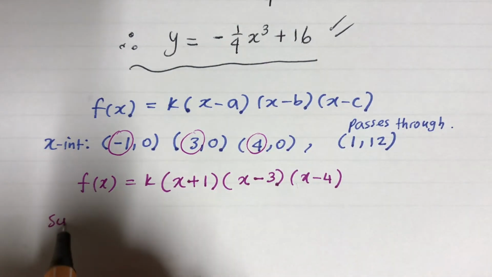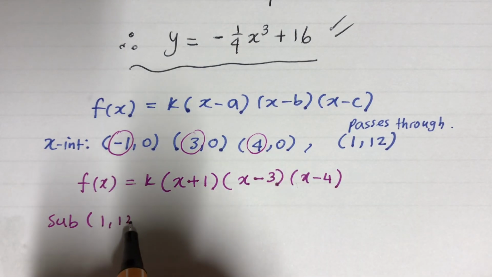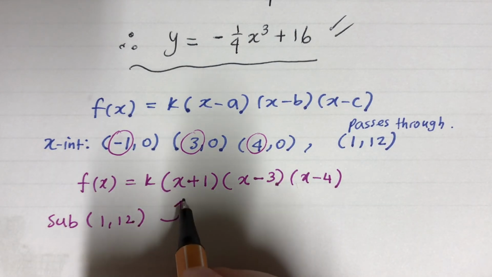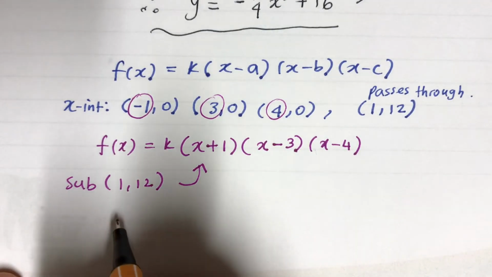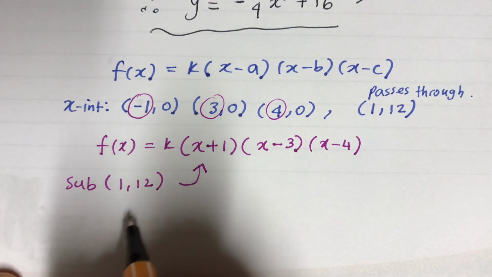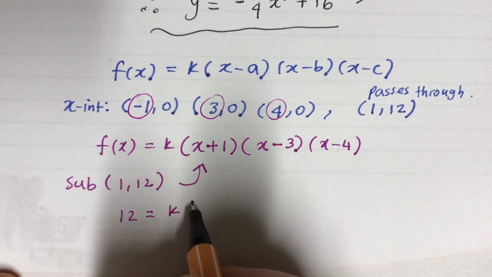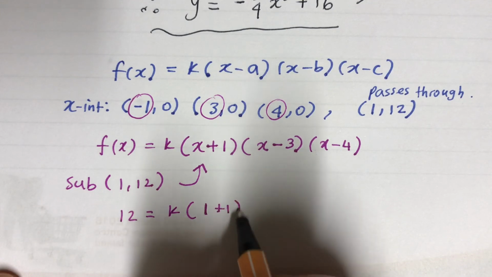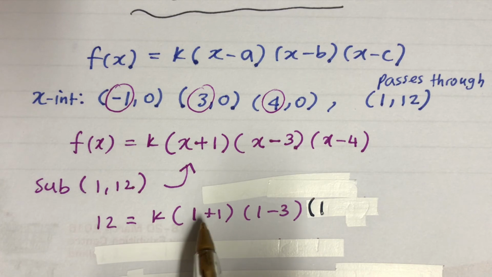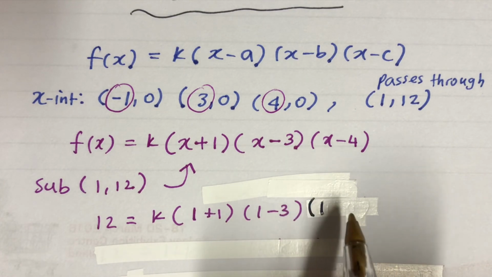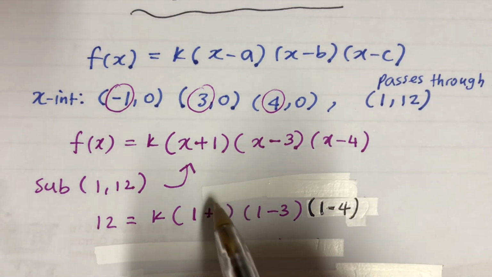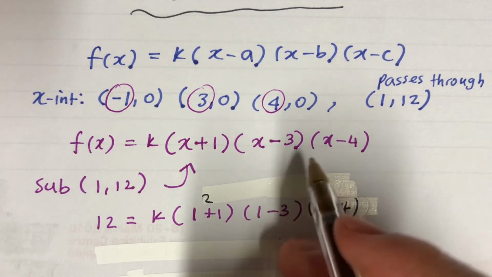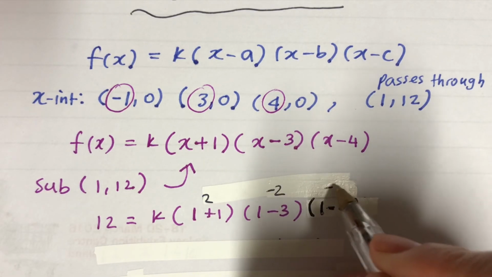Now I have to substitute 1 and 12 into this to find k. So f of x is 12 equals k, and x is 1 now. I'll put 1 plus 1, 1 minus 3, and 1 minus 4. That's 2, that's minus 2, that's minus 3.